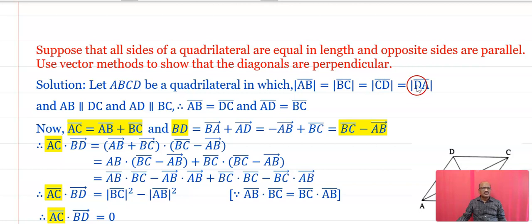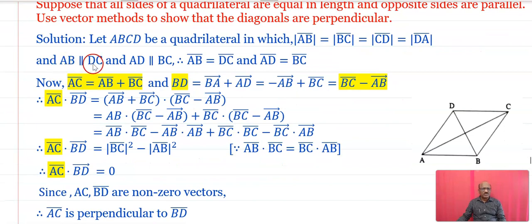And next, the opposite sides are parallel. Means what? AD is parallel to BC, and AB is parallel to DC. As they all have the same magnitude, and AB is parallel to DC, it means that AB bar is equal to DC bar, and also AD is parallel to BC, so AD bar is equal to BC bar.